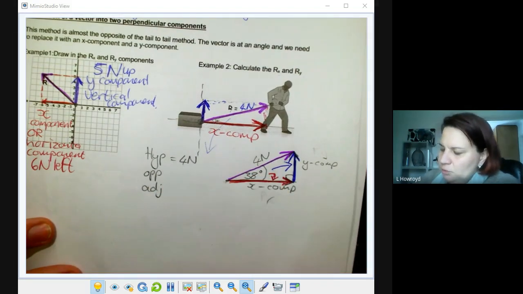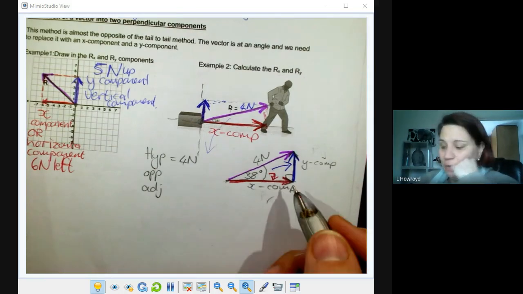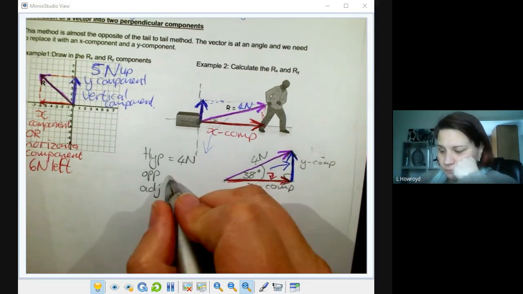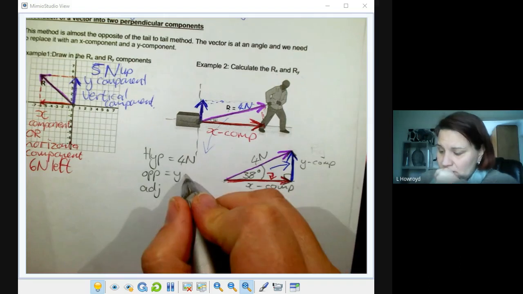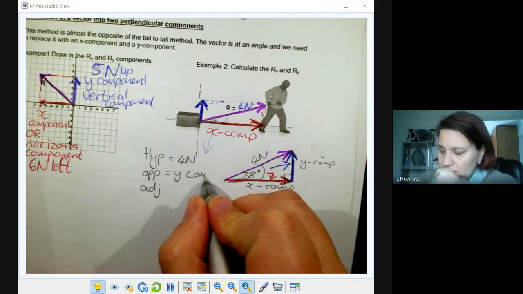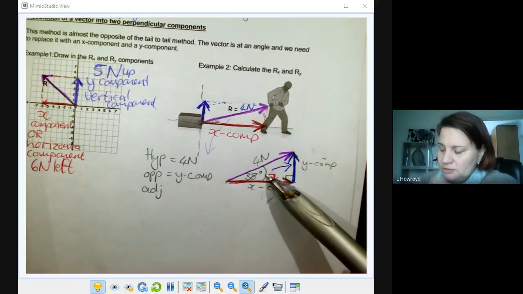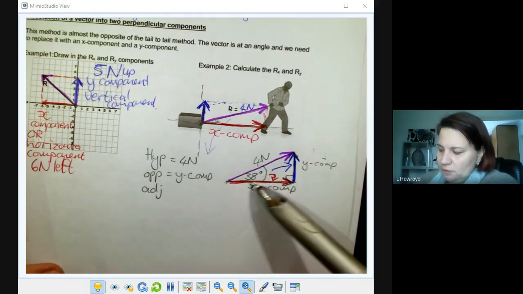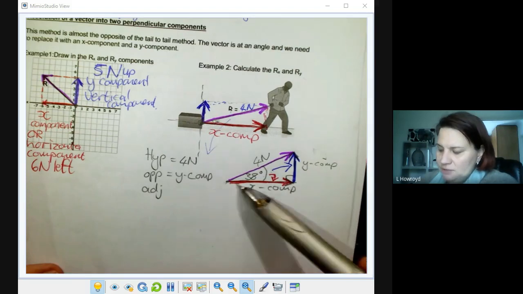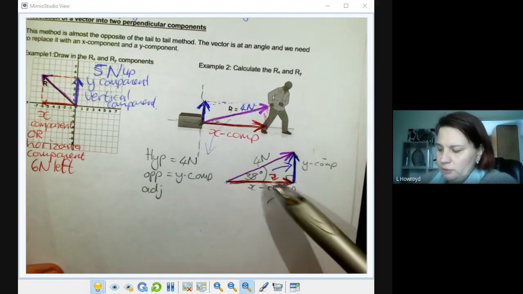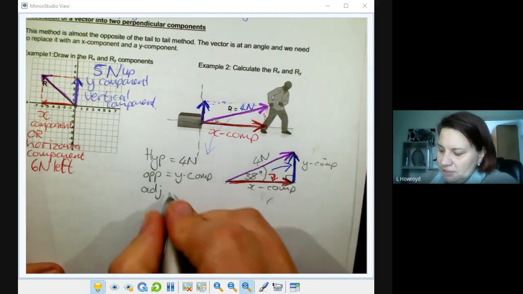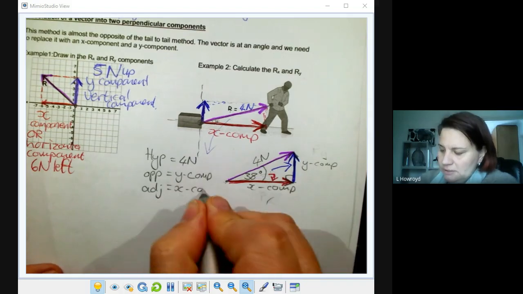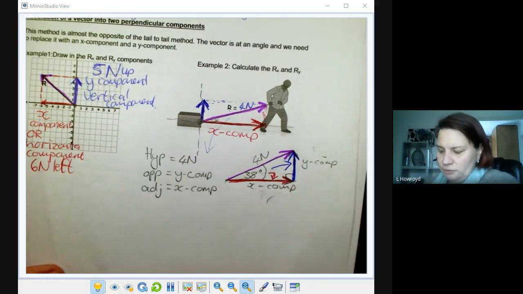Okay, would you agree that the y component is our opposite in this case? Okay, because it is opposite to the angle that we've been given, and we are touching and right next to the x component, which means that one is our adjacent. So this is our x component.